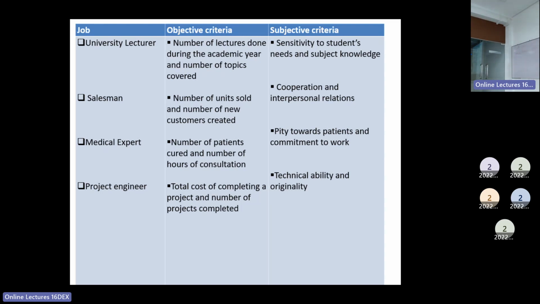For example, if one creates more than 50, we call it excellent. For 1 to 50, we call it good. Likewise for each and every criterion, you have to have a standard.